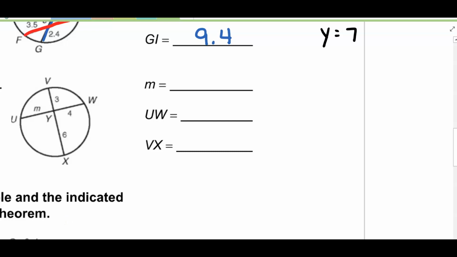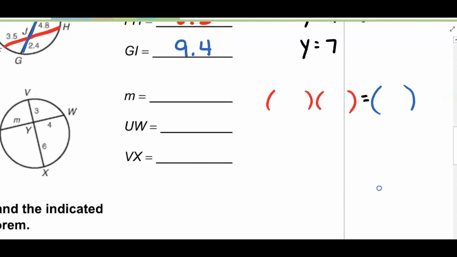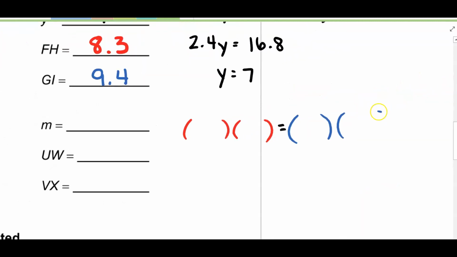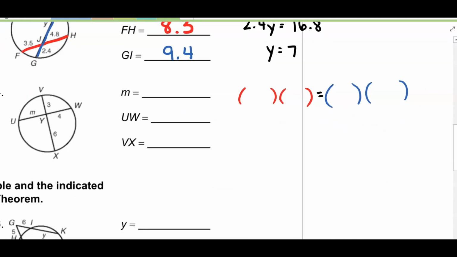Number 4. We have the two pieces of one should equal the two pieces of the other multiplied. So if I look at VX first, we have 3 times 6, and then when I look at the other, I have 4 times m. 3 times 6, we have 18 is equal to 4m, and when I do 18 divided by 4, I'm going to get 4.5.